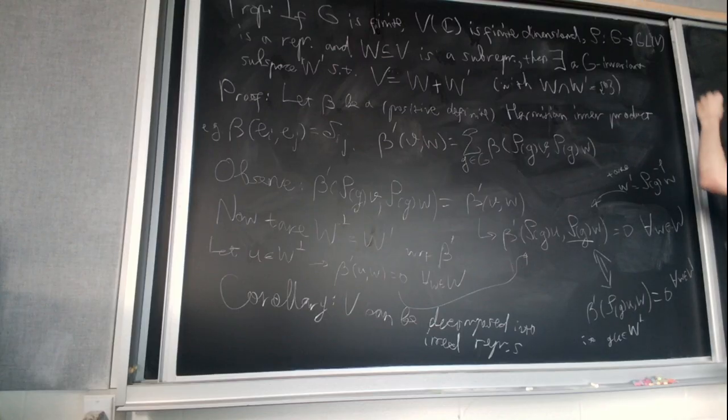So one example is R, the additive group, acting on R^2, where rho takes a real number and sends it to this matrix.